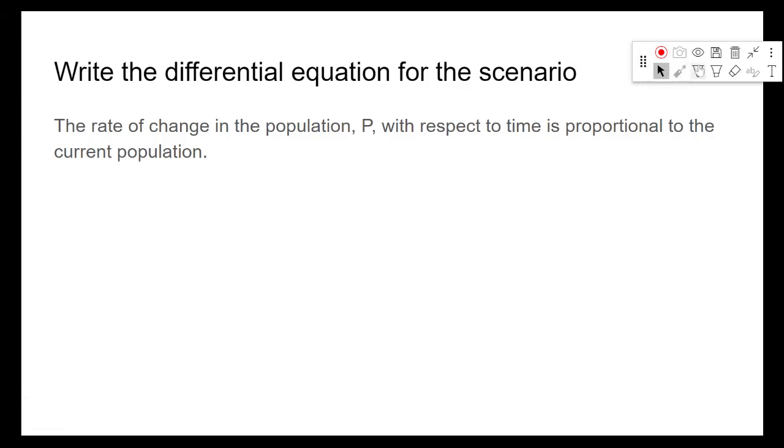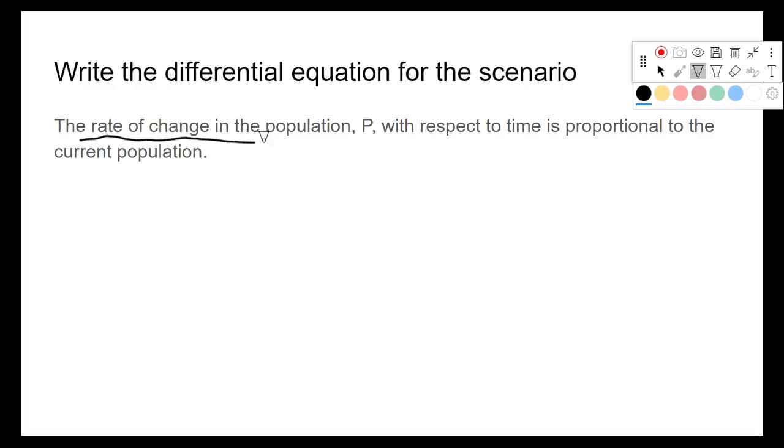Okay, so first thing, I'd like you to write the differential equation for the given scenario that's below. We've done this before. It says the rate of change in the population P with respect to time t is proportional to the current population.